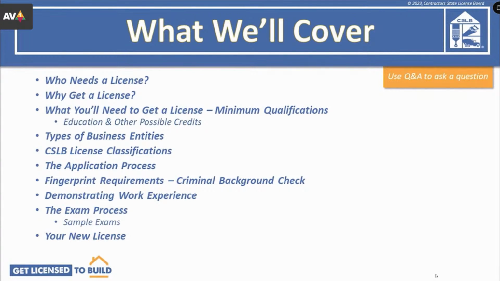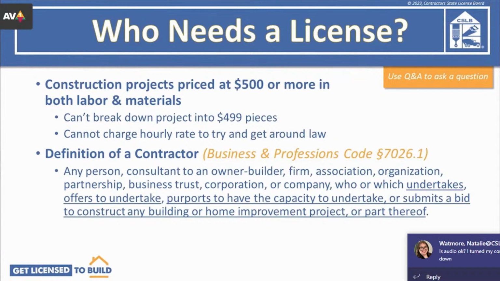We will spend a lot of time giving you tips on how to help fill out your applications, including how to demonstrate your work experience to meet the minimum qualifications. Fingerprint requirements for a criminal background check. We will help you get ready for the exam or exams you'll need to pass in order to get your license. And finally, the other things you'll need to have in place before your license is issued, things like bond and insurance.